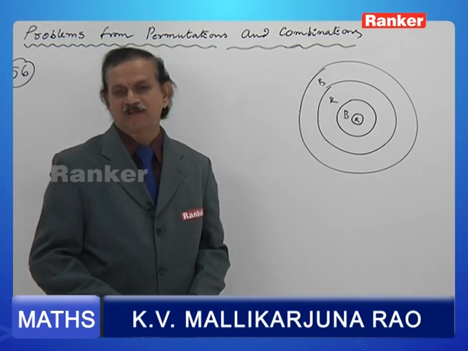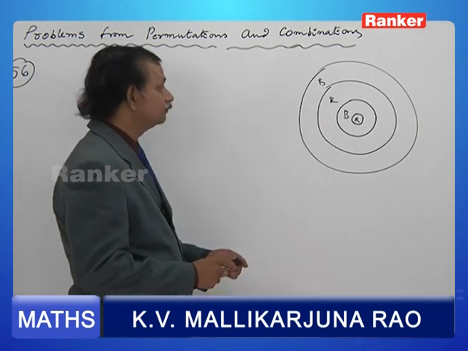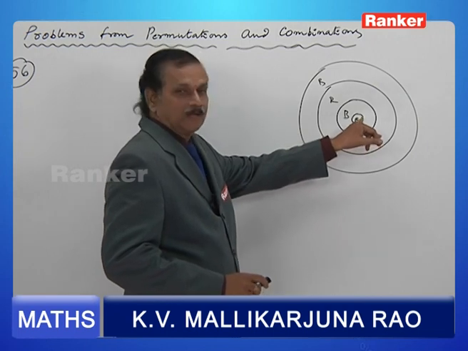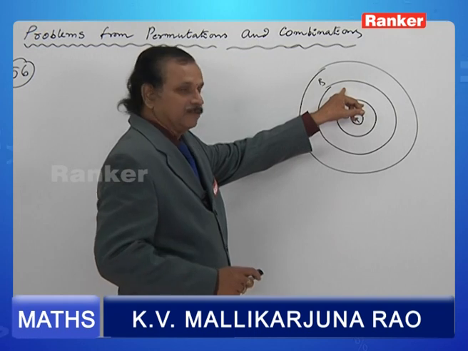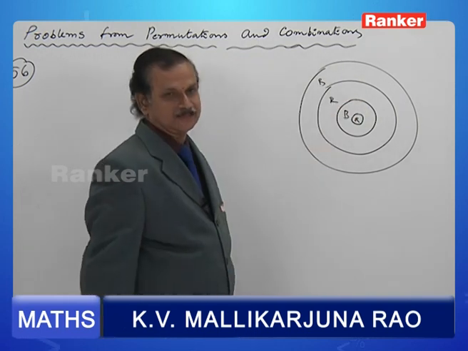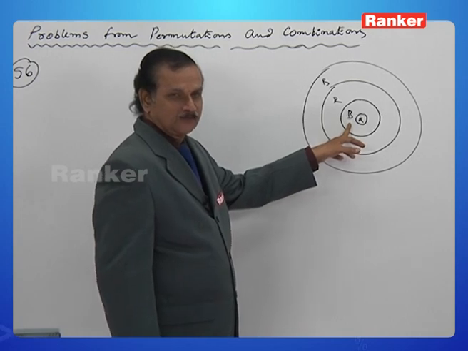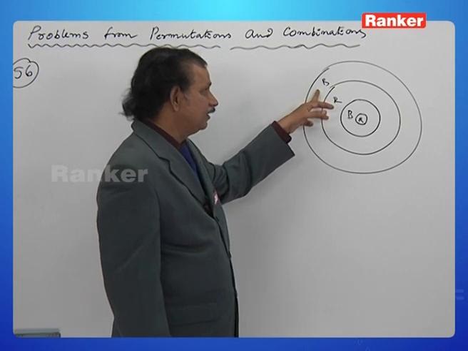Then the total area of the blue region in square centimeters is required. Let me call this radius R1, radius R2, radius R3, radius R4, like that. What is the area of this blue region? Pi R2 square minus pi R1 square. What is the area of this region?